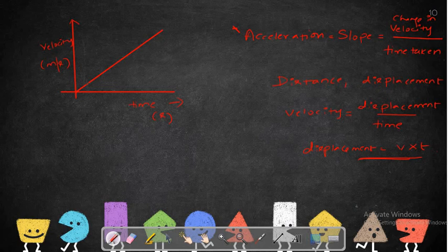I will plot some points here, like this, and I will take the scale as 10, 20, 30, 40, 50, and here 5, 10, 15, 20, 25, like this. And I will consider 2 points here, one is A and one more is B.